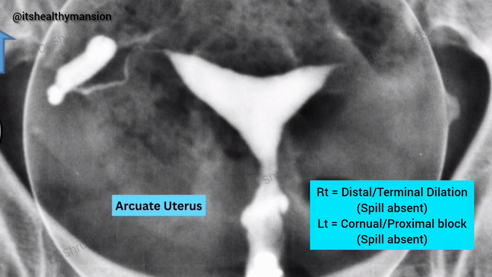So it is an arcuate uterus, and there is some fallopian tube defect which we are going to see in the second part. Now here you may see some beaded appearance or some roughness or irregular surfaces in the uterus. Such a kind of HSG film is seen in severe PID or tuberculosis.